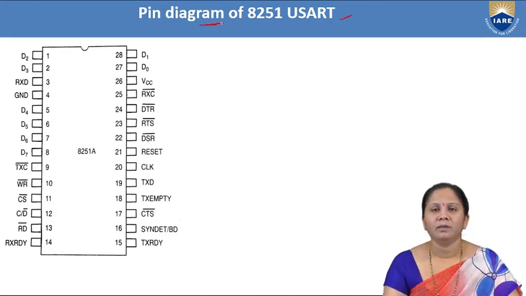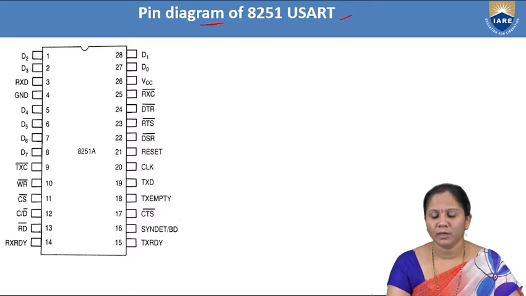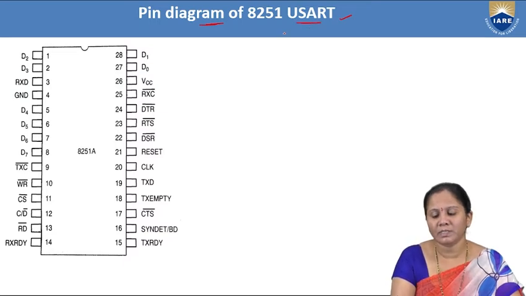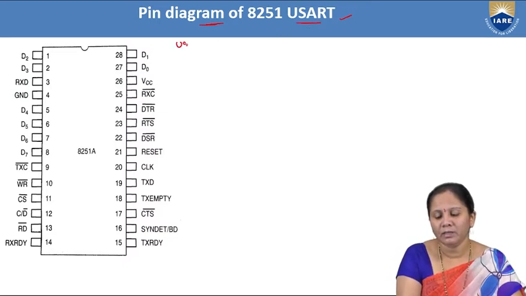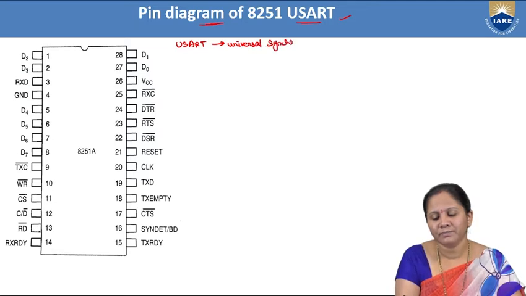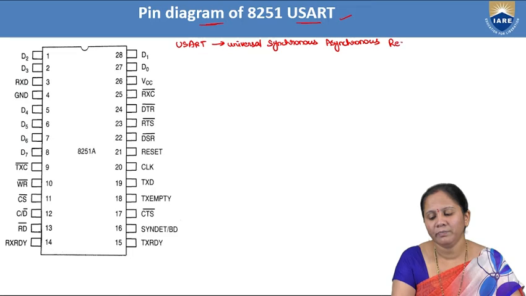Next, we have to discuss the pin diagram of the 8251 USART. Here, USART represents Universal Synchronous Asynchronous Receiver Transmitter.